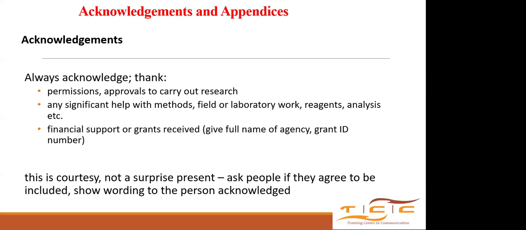So maybe you got permission or approval to carry out your research, or any significant help with methods, field or laboratory work, reagent analysis, financial support or grants received. You need to ask these people if they want to be included. Sometimes you can acknowledge people and there's a problem.